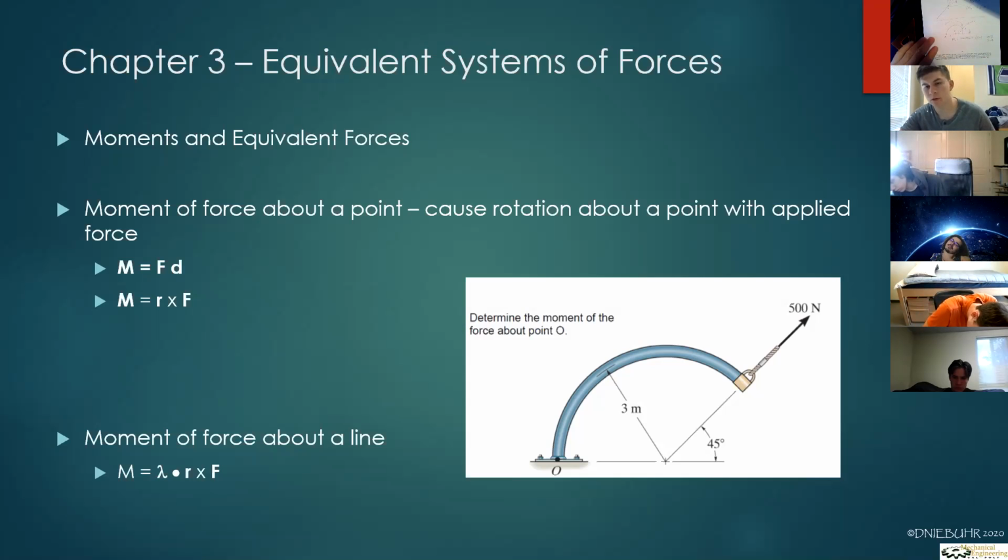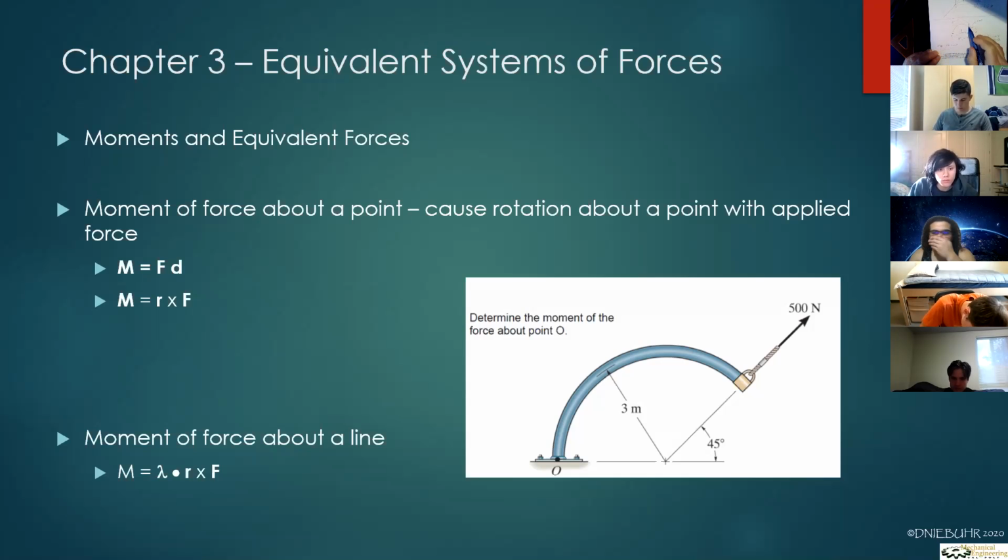Actually, let me show you that real quick. If we did do it up here, the moment about O would be equal to 500, and now we're looking at this piece here, 500 sine 45.